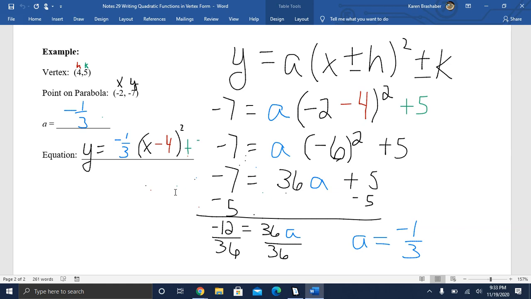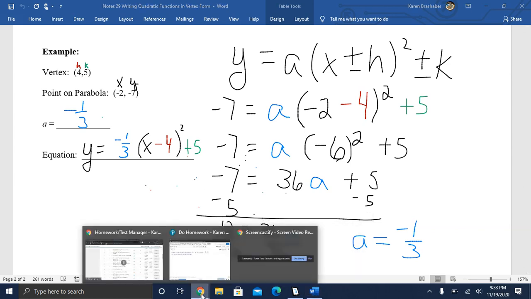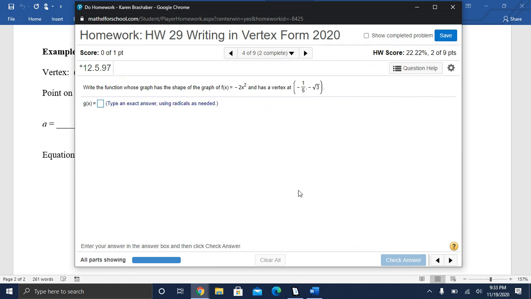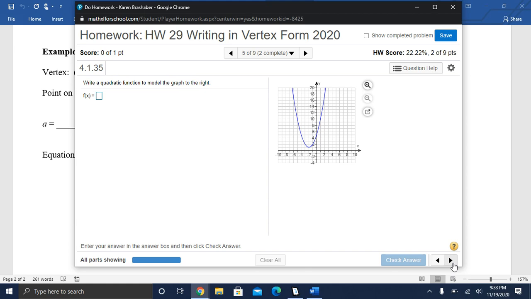And so that's what we'll be looking for in problems 6 through 9. I'm going to quickly show you what that's going to look like on Math Excel. You will have to do work on your own paper, so make sure that you show that work.